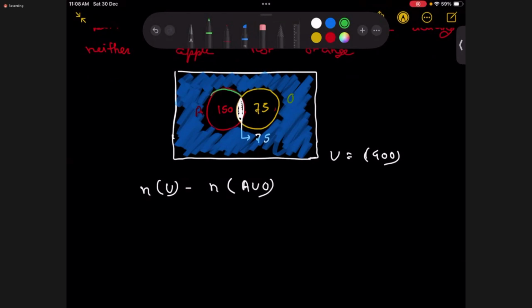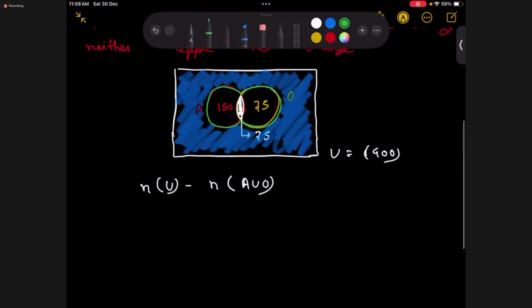This is the total students. This green portion is the number of students who took at least one fruit. The rest of the students didn't take any fruit. So the cardinality will be this.